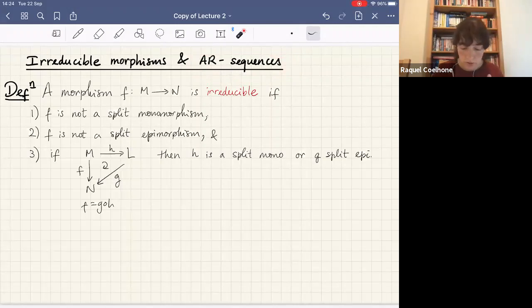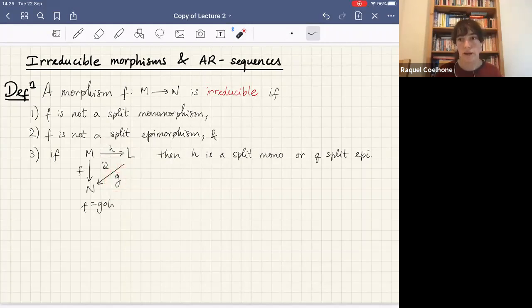So what is an irreducible morphism? So we have a morphism. It's irreducible if it's not split mono, so it doesn't admit a left inverse. It's not split epi, it does not admit a right inverse. But if you factorize f like this, if f equals gh, then this guy here is a split mono, or this guy is a split epi.